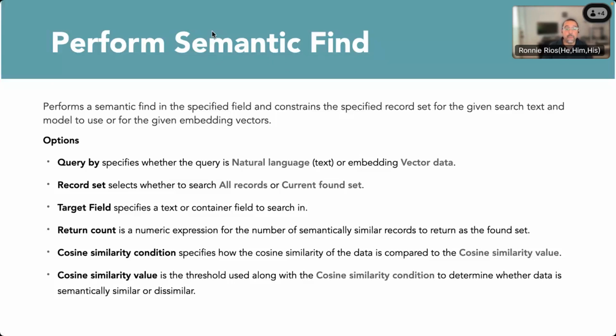And the value that the cosine similarity condition is going to use is specified here in the cosine similarity value. Now, we'll talk a little bit more later about cosine similarity, but the values range from -1 to 1, where -1 is completely dissimilar, 0 is no association, and 1 is highly similar.